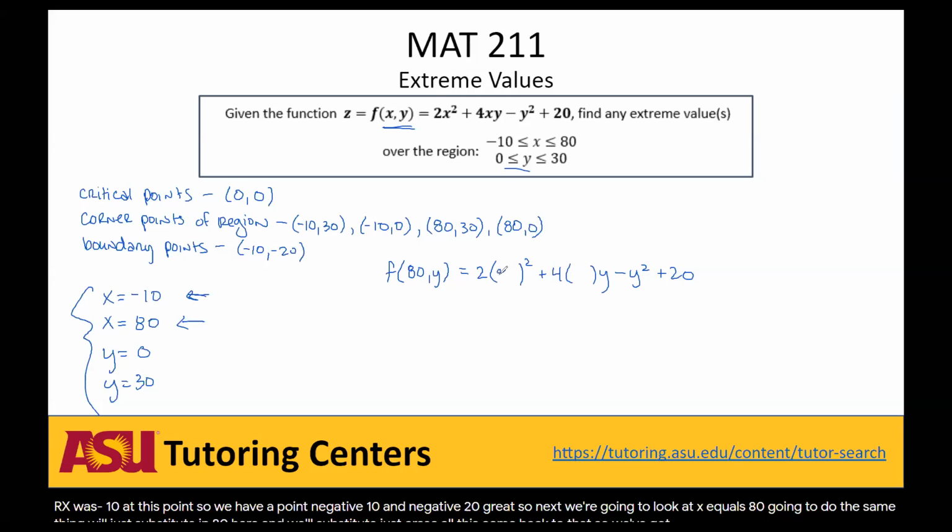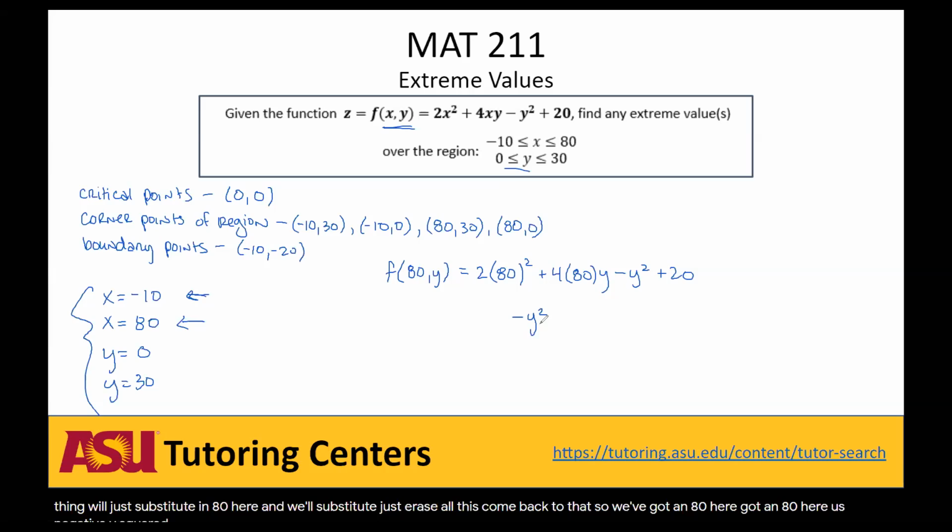So we've got an 80 here, got an 80 here. That gives us negative y squared plus 320y. So I'm just reversing the terms here. Plus 12,820.